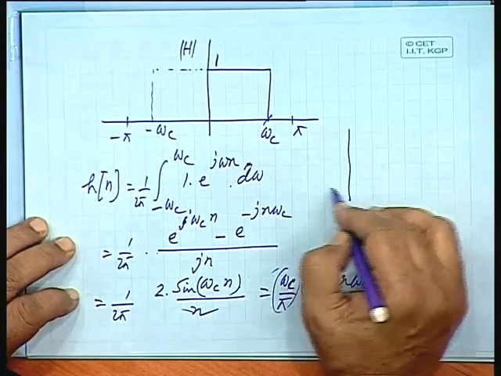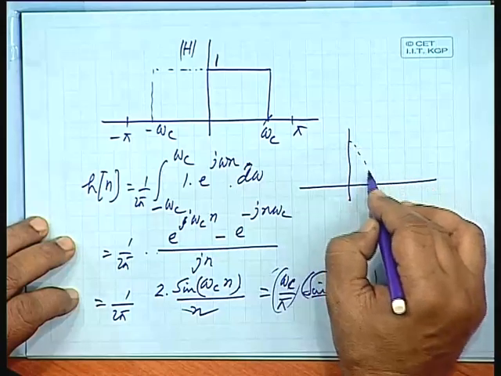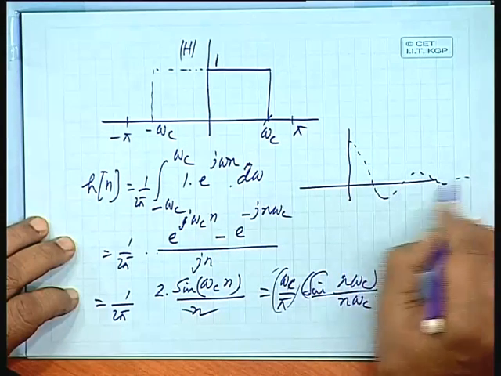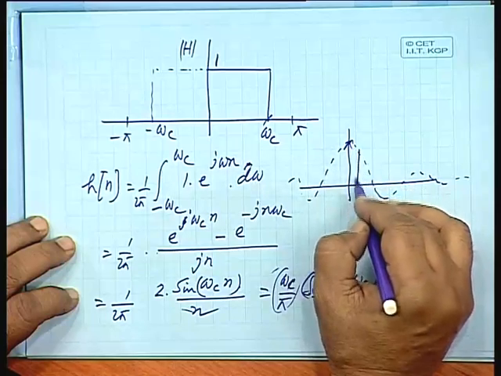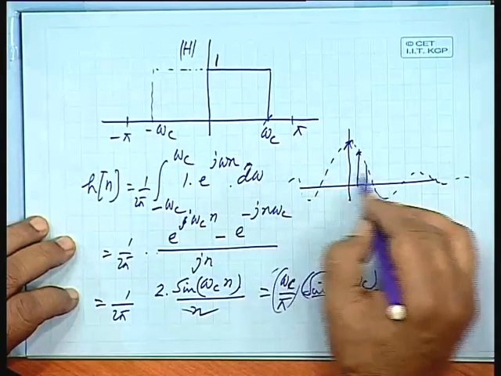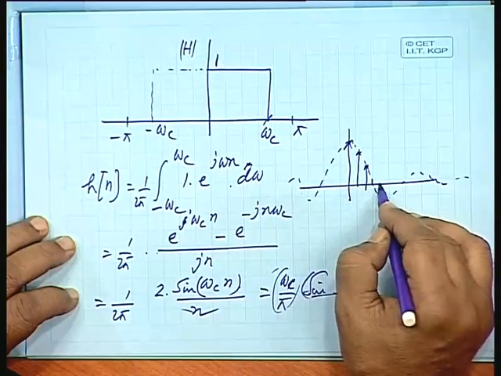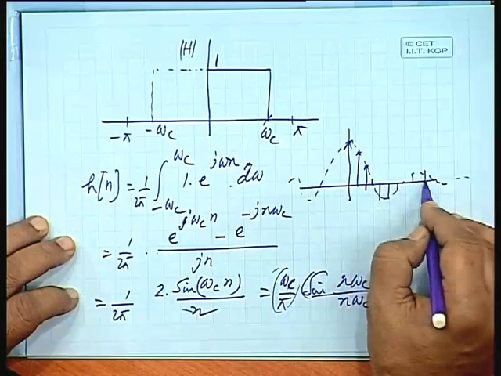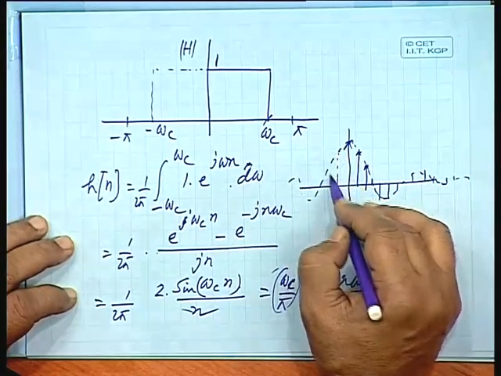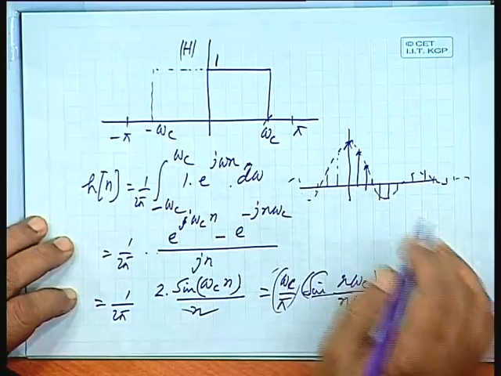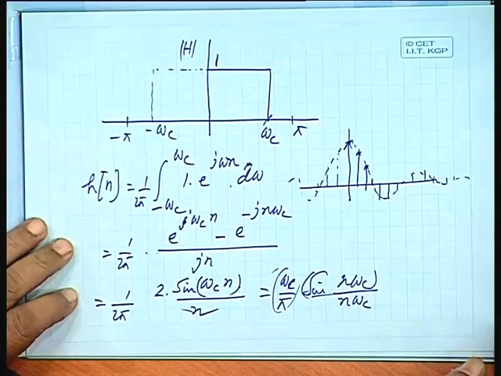So, h n will be these values. The sinc function looks like this, these values. If I would have considered h minus n, then I would have got these values. Okay.